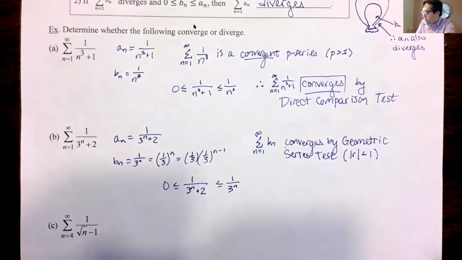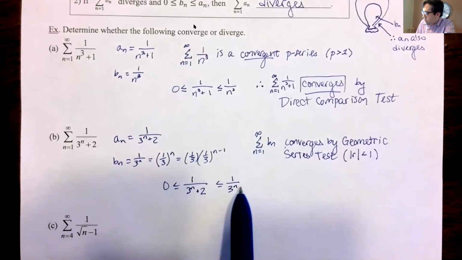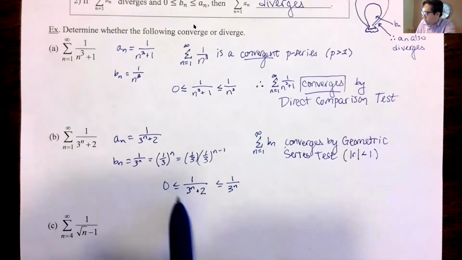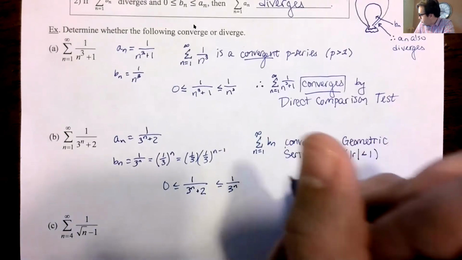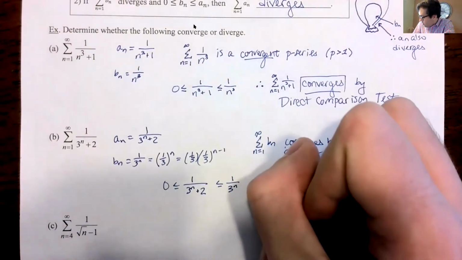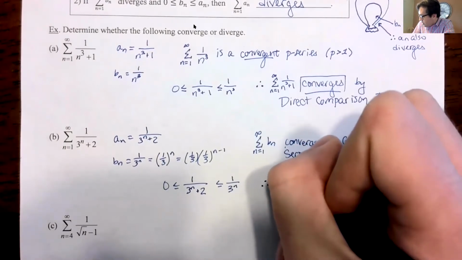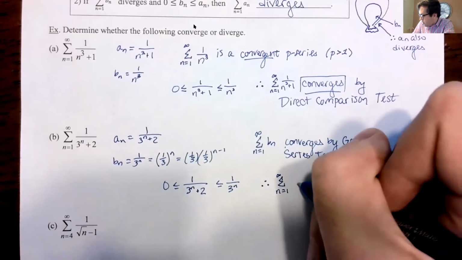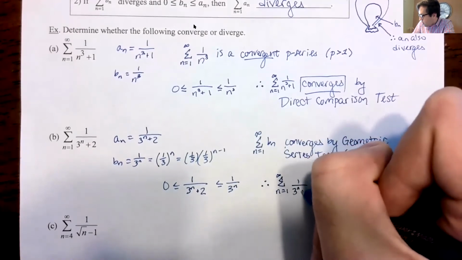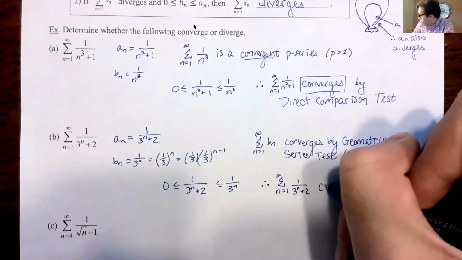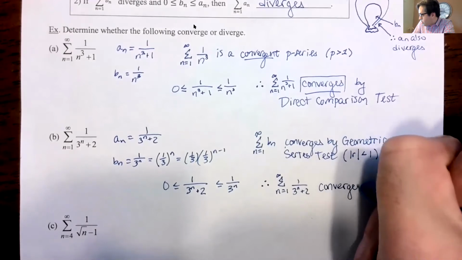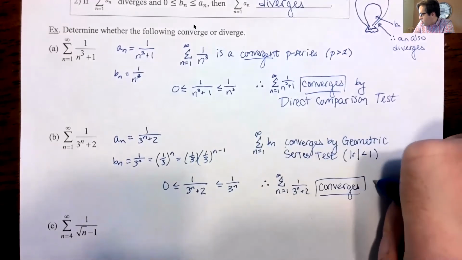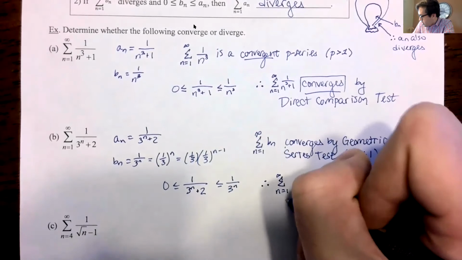And once again, we've shown that since our larger series converged, the smaller one also has to converge. So therefore, the original series, which I'll write out again, converges by the direct comparison test.